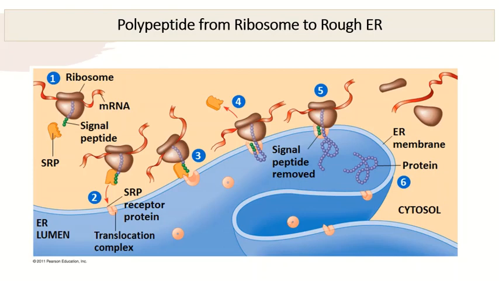You have the signal peptide at the ribosome, and here comes the signal recognition particle, which binds to the signal peptide, bringing the ribosome to the ER membrane. The SRP will attach to the SRP receptor protein and open up the channel, and then the polypeptide will be sent out of the ER, going to the outside where the polypeptide will be released at the ER lumen.